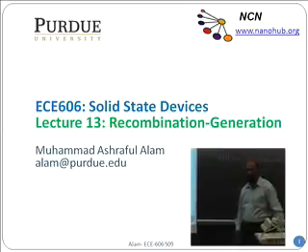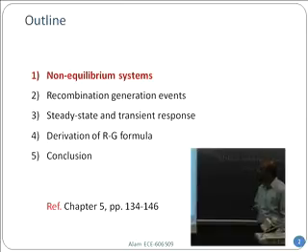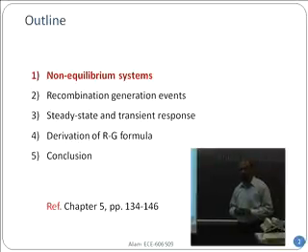Recombination generation. This is lecture 13. Now, actually, in the last 12 lectures, we have done a very important thing. The last lecture was very important because until the last lecture, we talked about an equilibrium system.